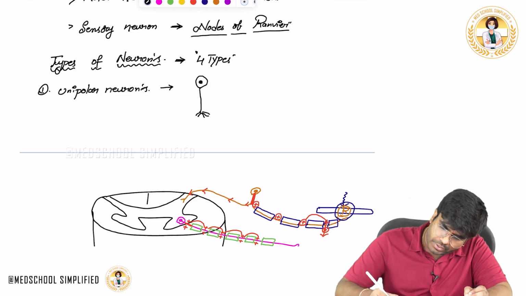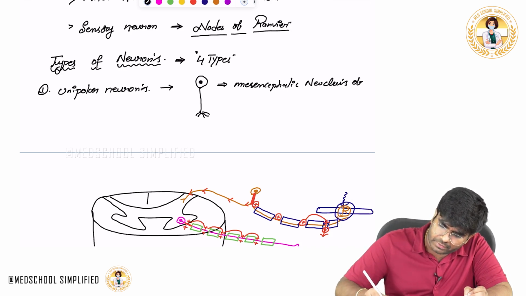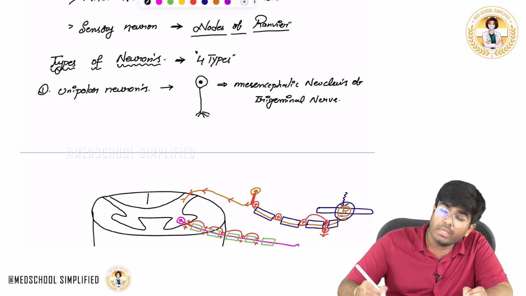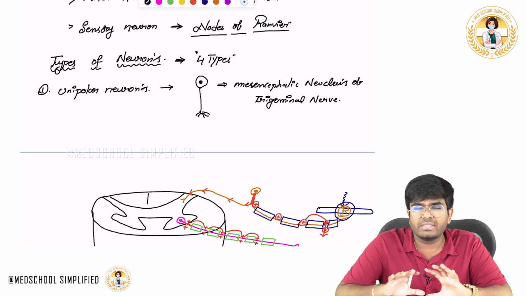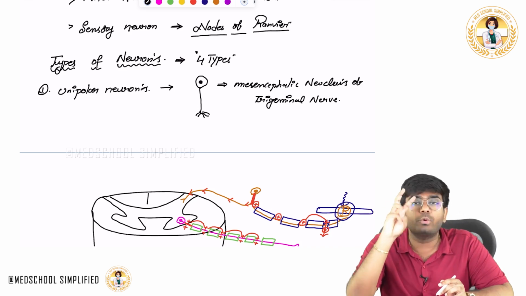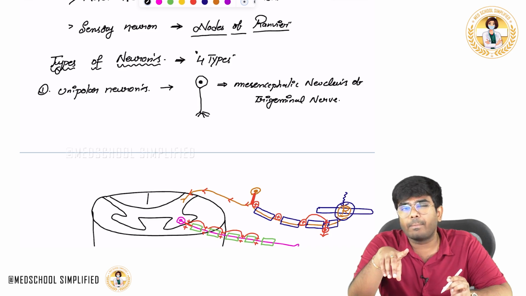Where exactly are these unipolar neurons present? They are present in the mesencephalic nucleus of the fifth cranial nerve, the trigeminal nerve. The fifth cranial nerve has three nuclei: the central pontine nucleus, the spinal nucleus, and the mesencephalic nucleus, which is the largest.